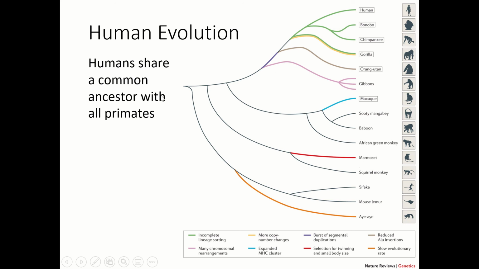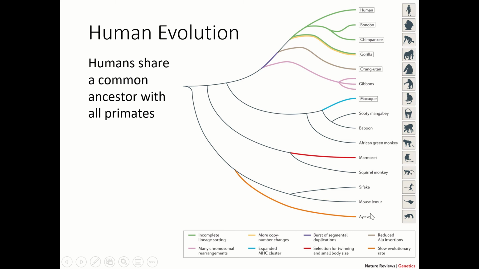But as you can see from this, again, this is a phylogenetic tree showing the evolutionary relationships among organisms. Humans, chimpanzees, gorillas, orangutans, all monkeys and prosimians all share a common ancestor.